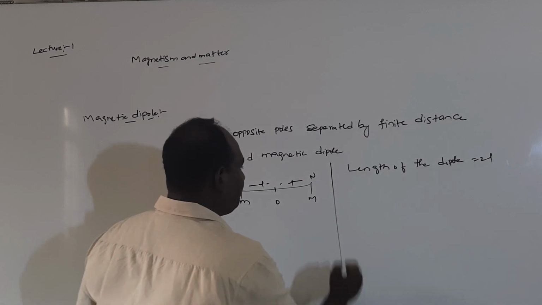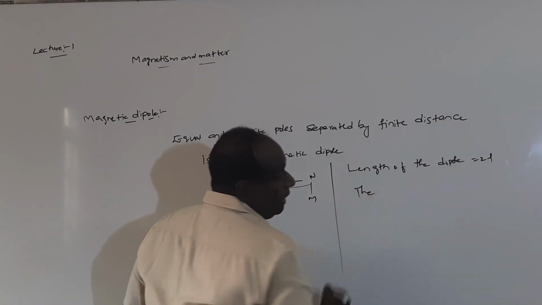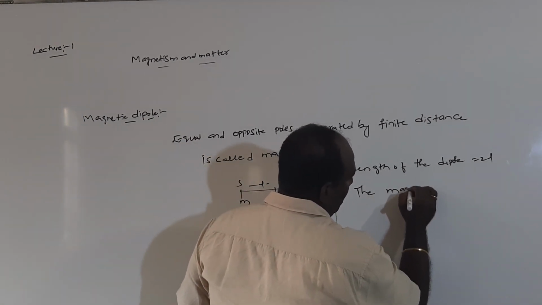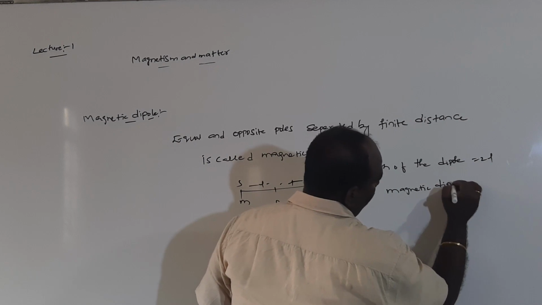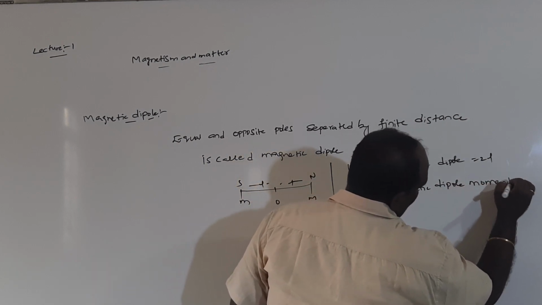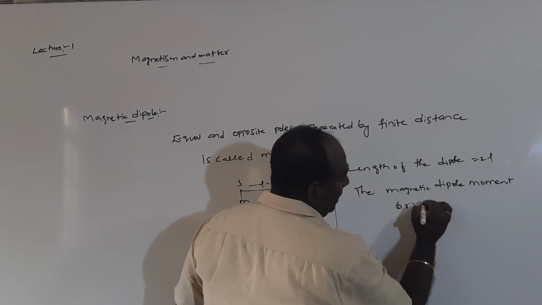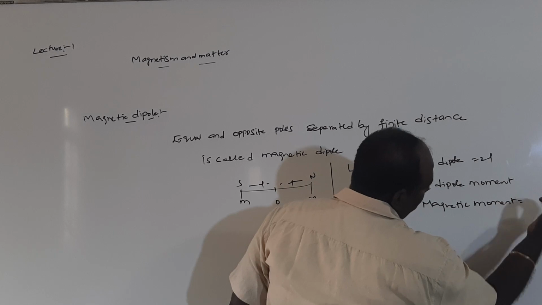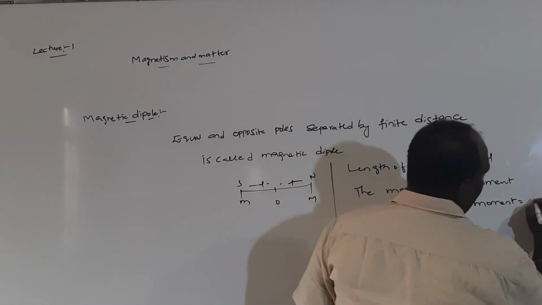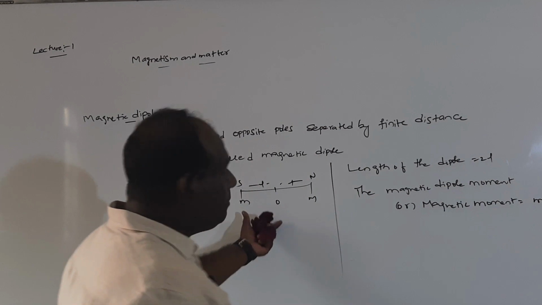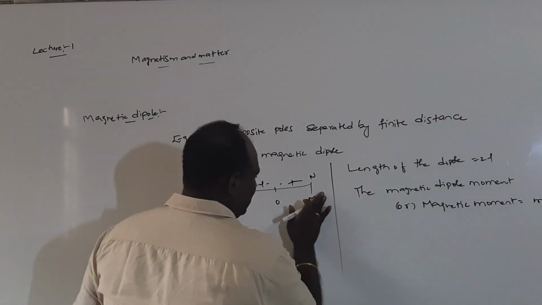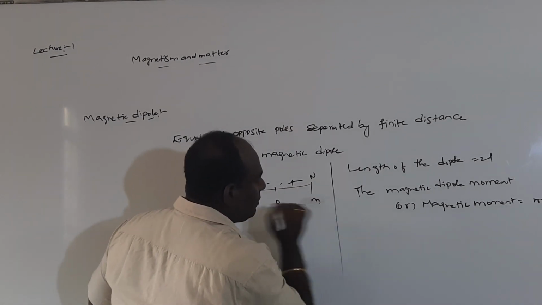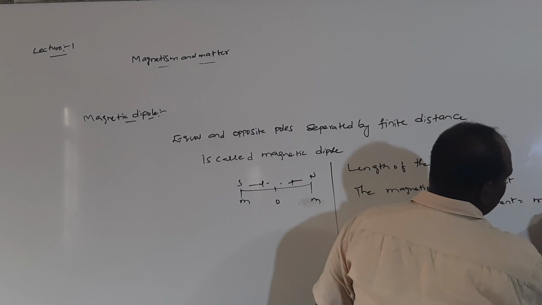The magnetic moment, in the same manner as electric dipole moment, the magnetic dipole moment or magnetic moment is given by the formula: either of the pole strength, small m, into the separation distance between them, which is 2L.